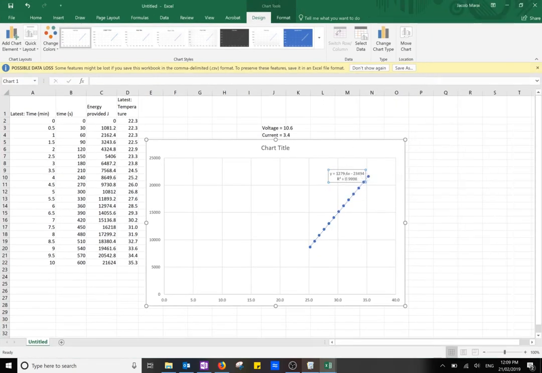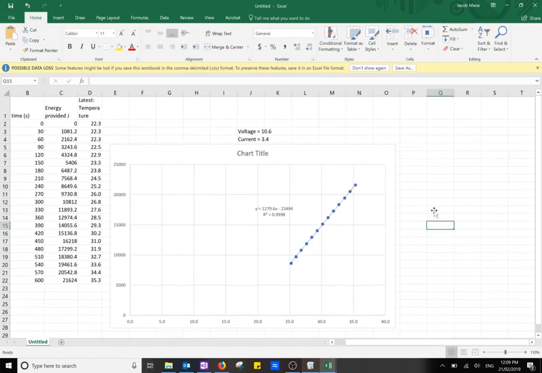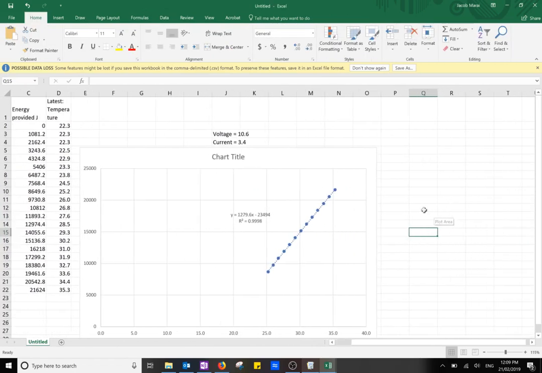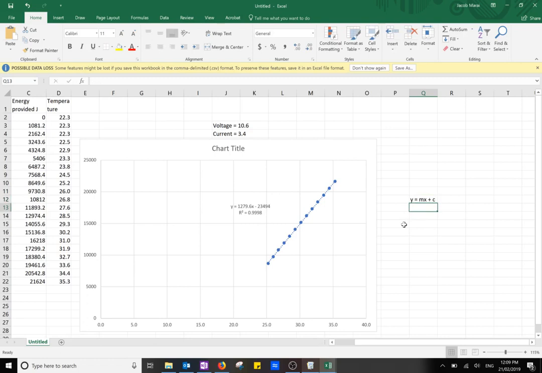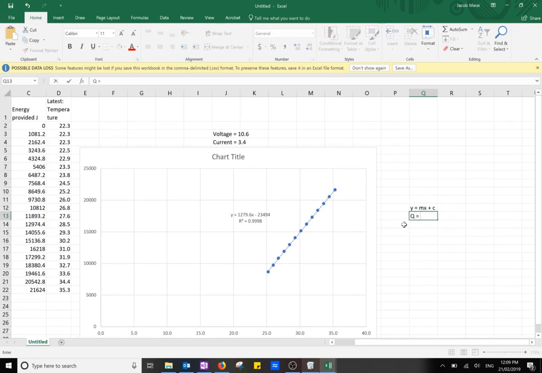Okay, here we get 1,279. What we have here, and I'm just going to write it off to the side, is this in the form y equals mx plus c. And what we have here is that q equals some constant times delta t plus c.